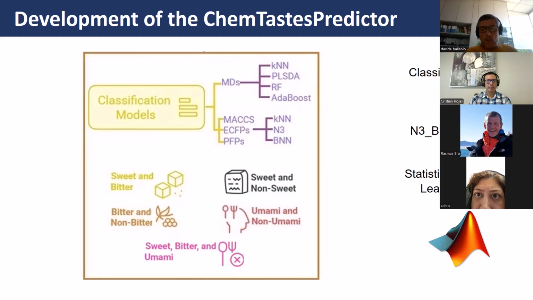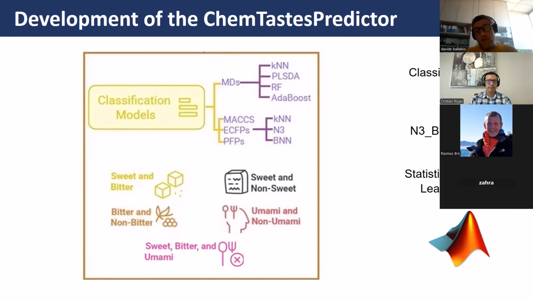So here we tried some descriptors which are binary descriptors, called fingerprints, and some, let's say, classical molecular descriptors. And then we used different methods for classification. If you are a little bit familiar with chemometrics, you can recognize some of the most classical classification approaches: KNN, PLS-DA, random forest, AdaBoost.